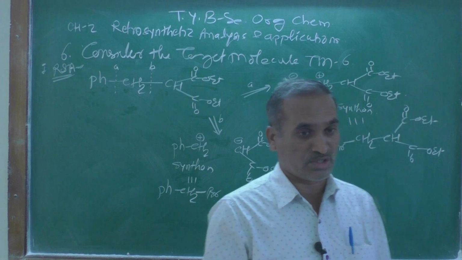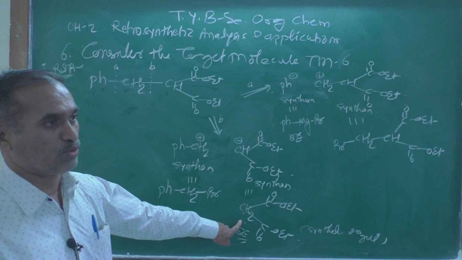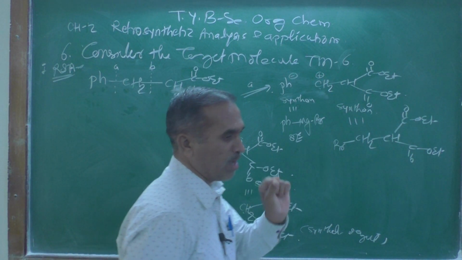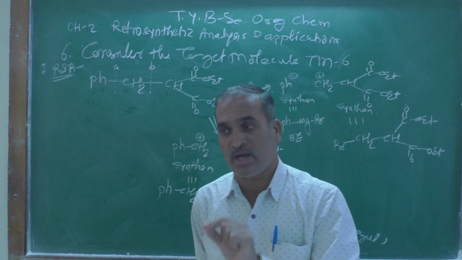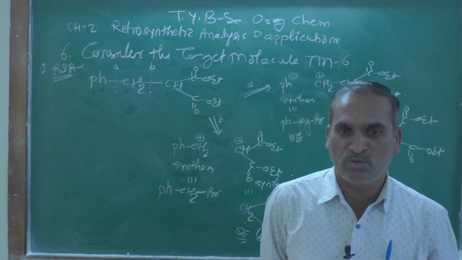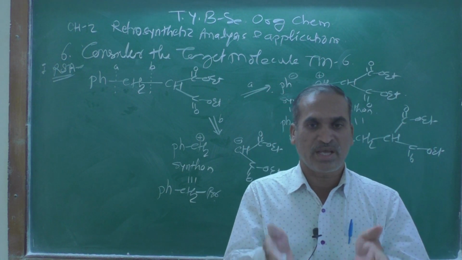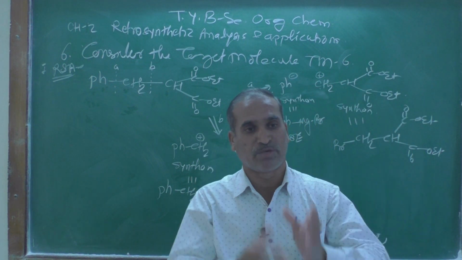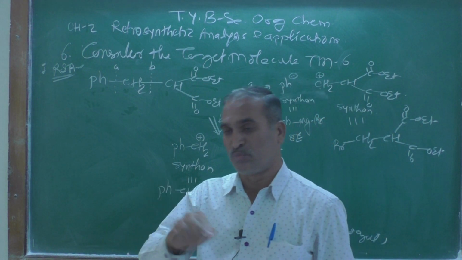Because this malonic ester possesses a CH2 group, and the CH2 group has a special name. Do you remember? Yes, it is the reactive methylene group. What do we mean by the reactive methylene group? A CH2 group flanked in between two electron withdrawing groups is known as a reactive methylene group.